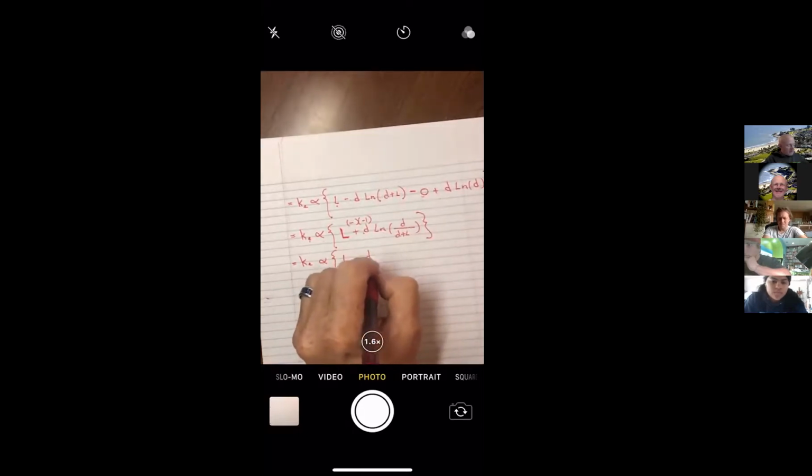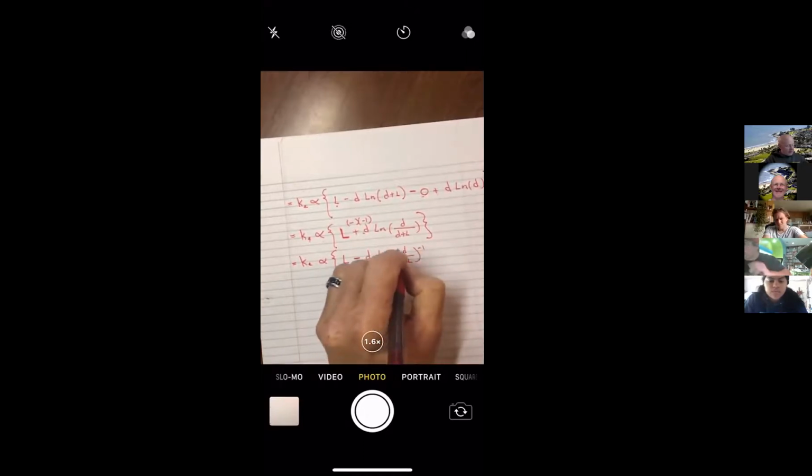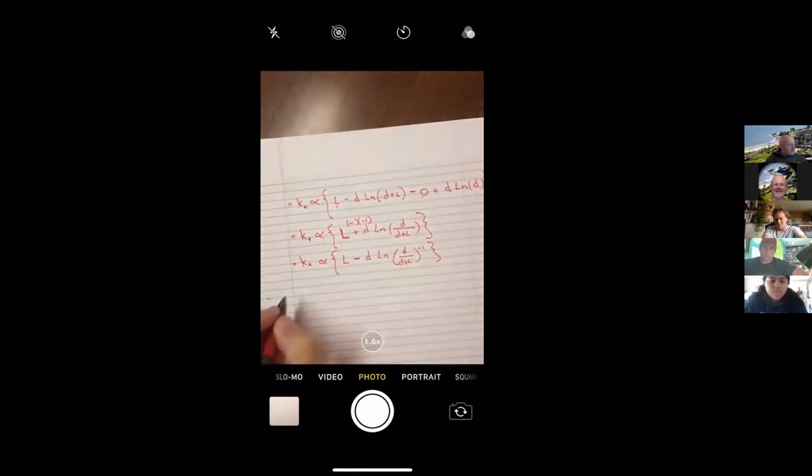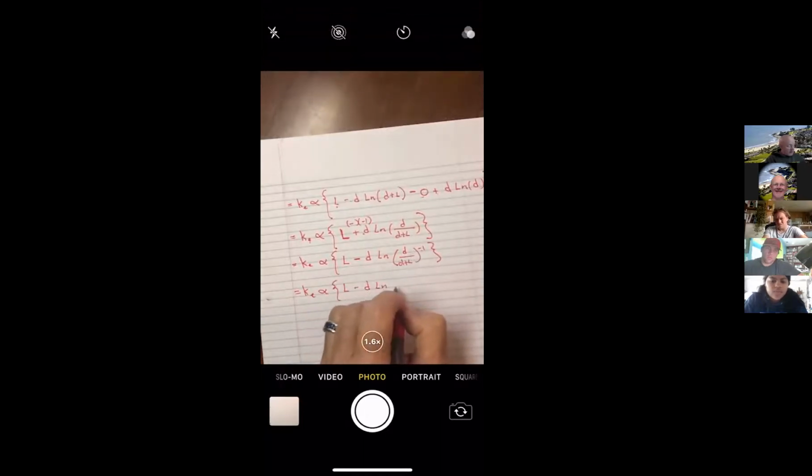So this would be D to the ln, and this would be D over D plus L to the -1 power. So then it looks like they do one more step. They've got the minus D, and they took the reciprocal of that, and so they've got ln, and they got the D plus L over D.